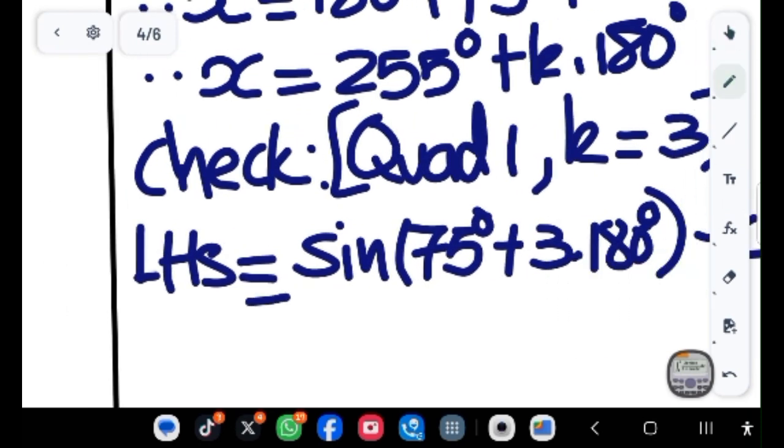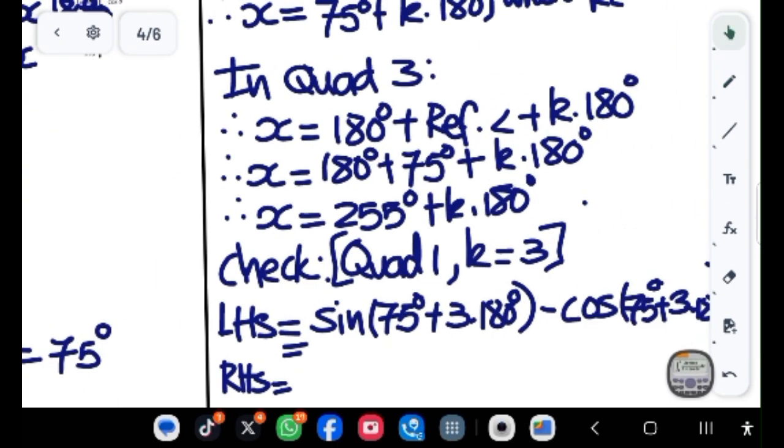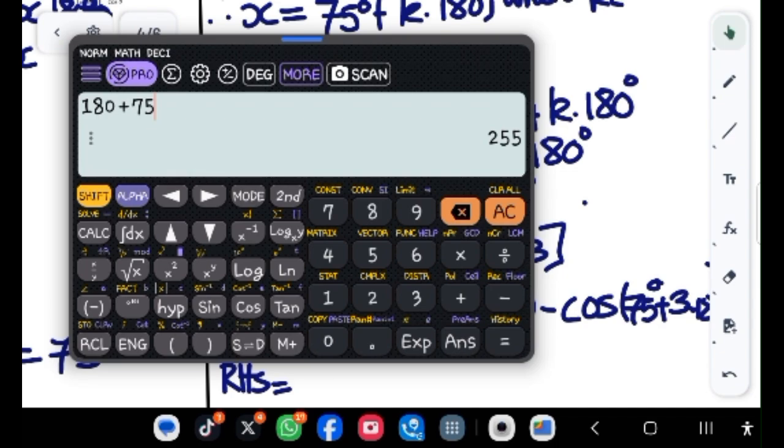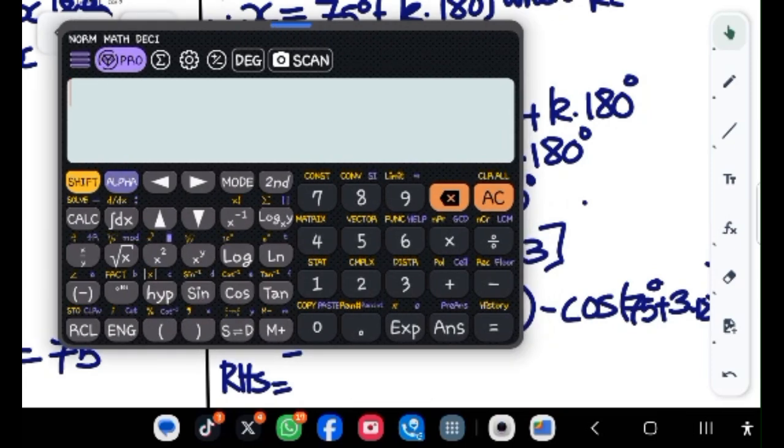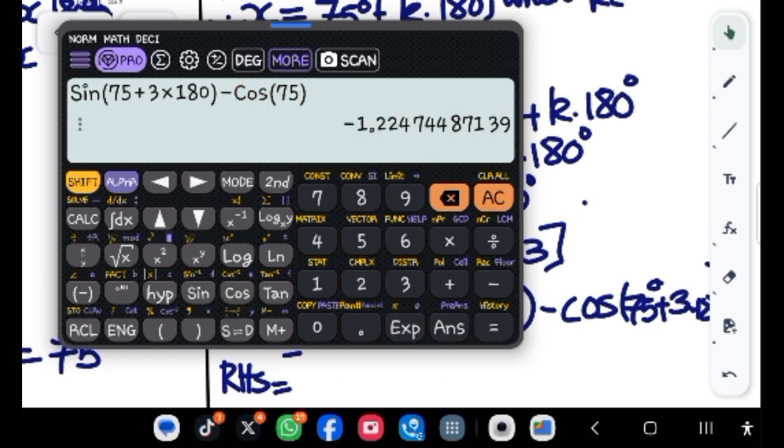We should also calculate the right hand side, the same way. So that will be sine of 75 plus 3 times 180 minus cos of 75 plus 3 times 180, and that gives us an answer of negative 0.707.